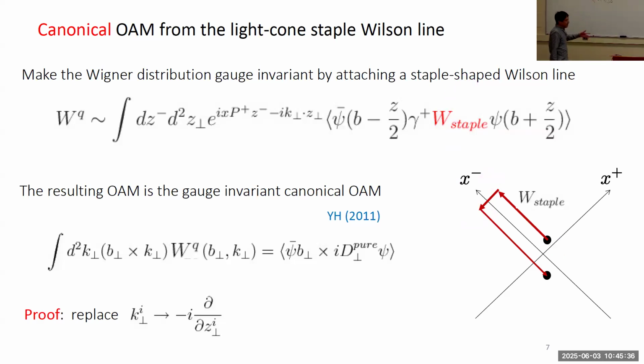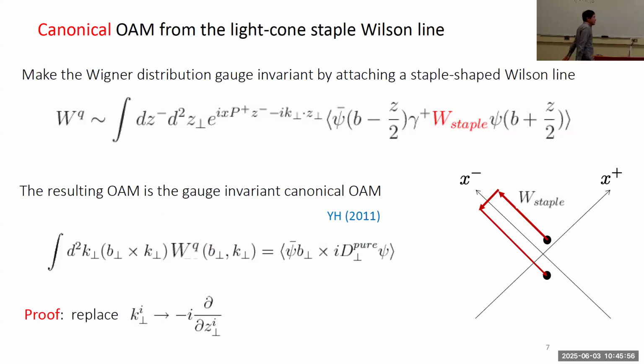So this is my gauge invariant Wigner distribution, and I plug this function into the definition of the orbital angular momentum. I'm going to show you that what you get here is this funny object, d pure, which I defined two slides ago.